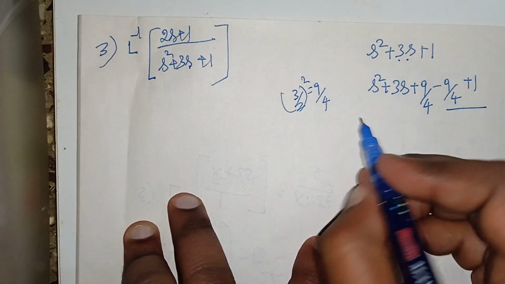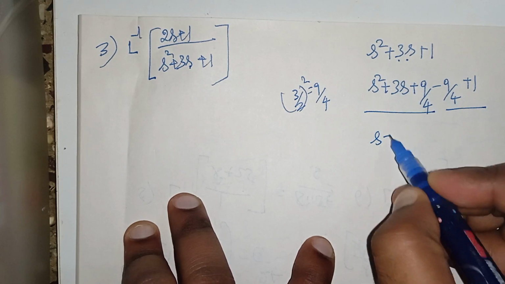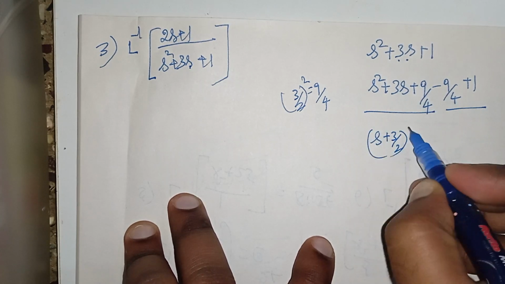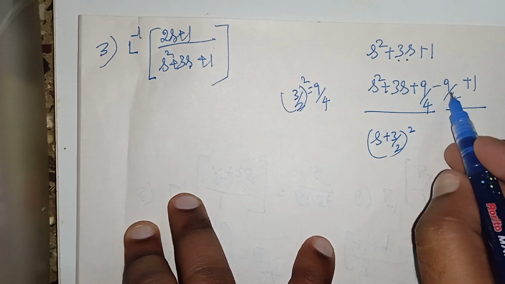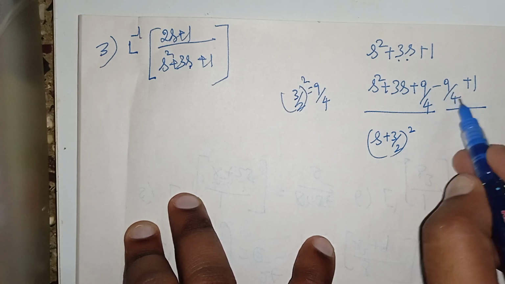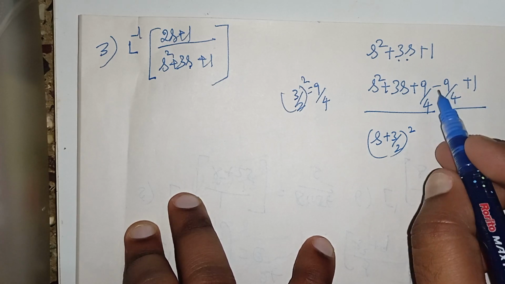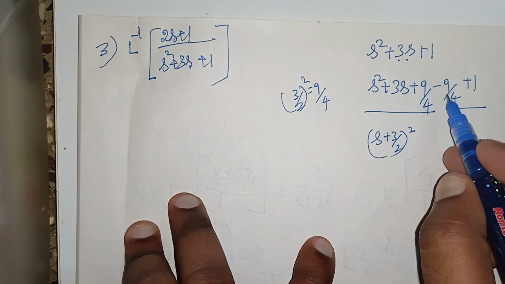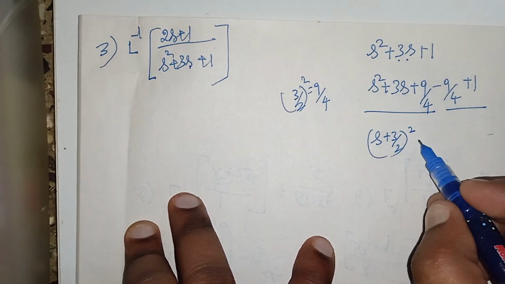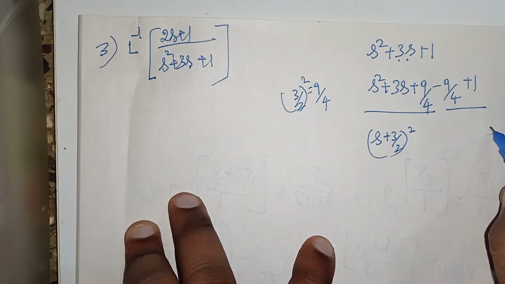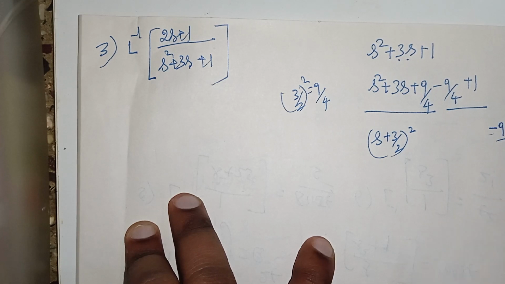So you combine this and this. So this is nothing but s plus 3 by 2 whole square. And if you take LCM, it is minus 9 plus 4 by 4. So you are writing this as minus 9 plus 4 by 4.